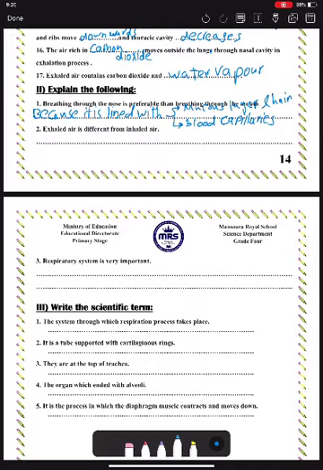Exhaled air is different from inhaled air because exhaled air is rich in carbon dioxide, while inhaled air is rich in oxygen.